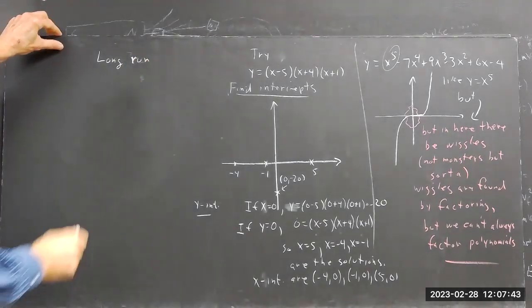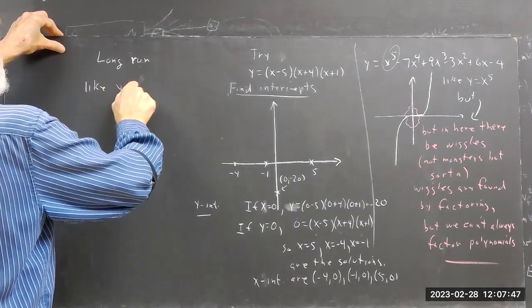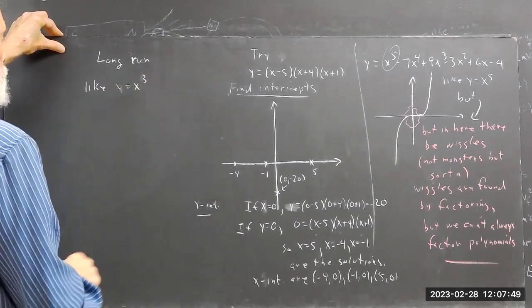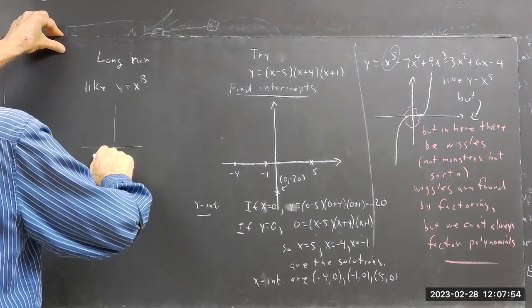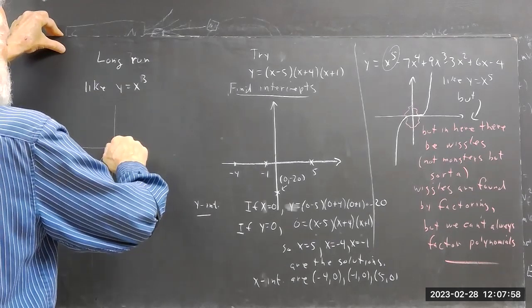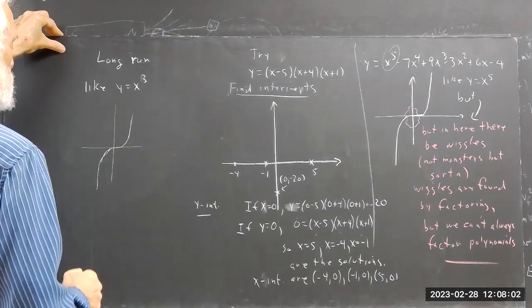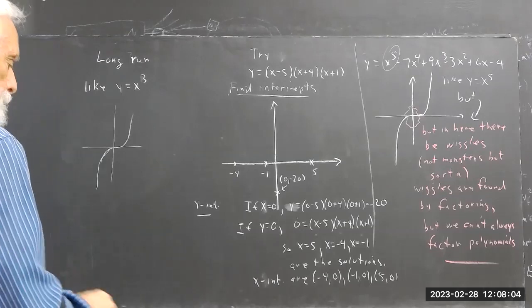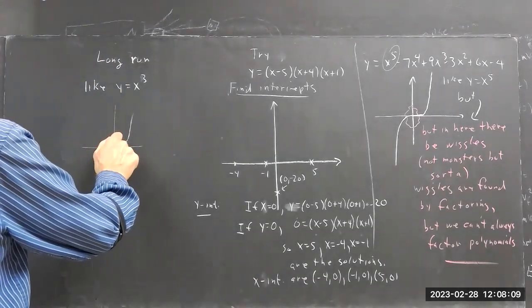This is like y equals x cubed. So it has a graph that looks like the basic cubing function, with wiggles.